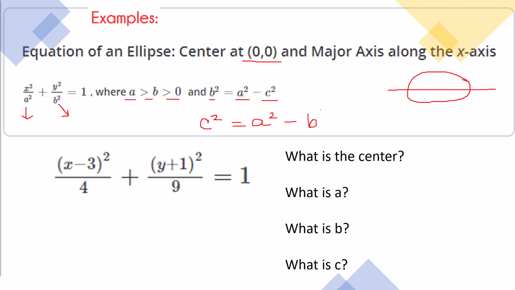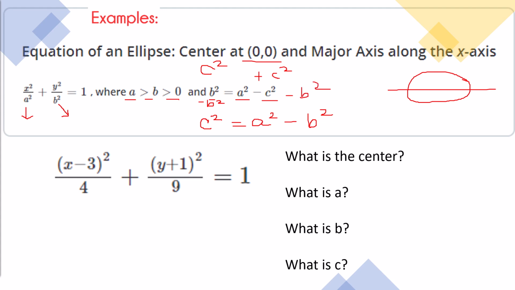This gets confusing if you don't look closely. So to get this c positive, I can add it to both sides. We're just manipulating the formula. And we're changing the place of the b squared and the c squared.